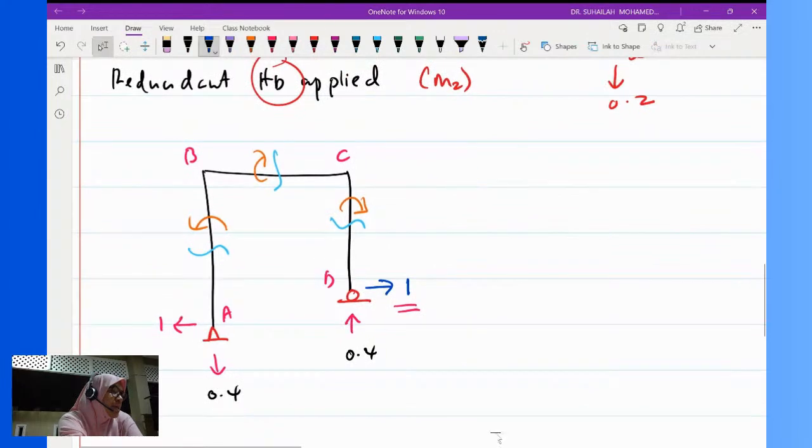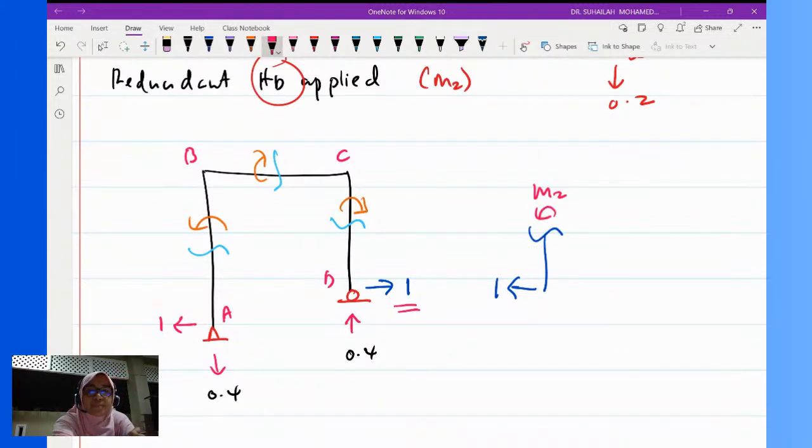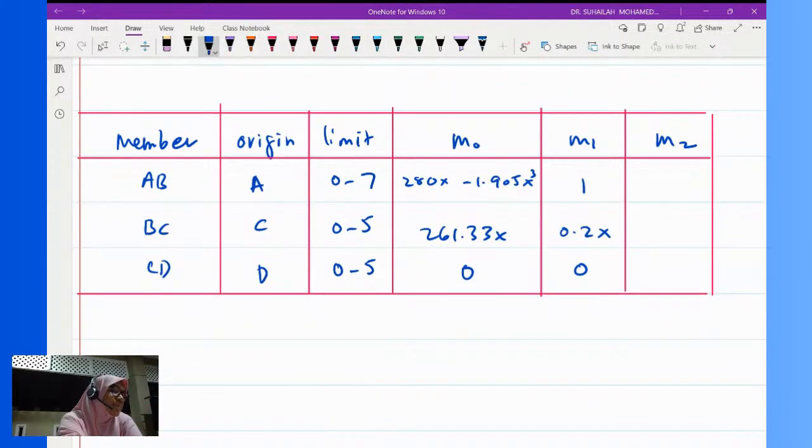For member AB, we have this. This is M2. x is this distance. 1 times x minus M2. 1 times x is positive. We minus M2, equal to 0. So M2 is x.